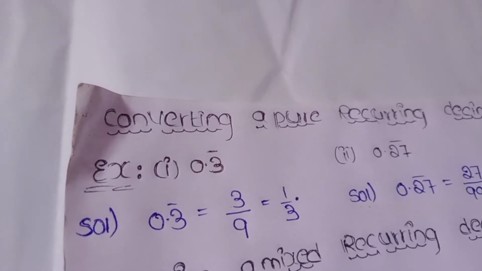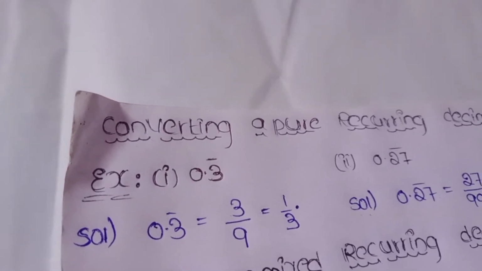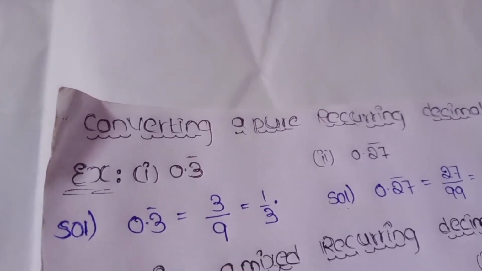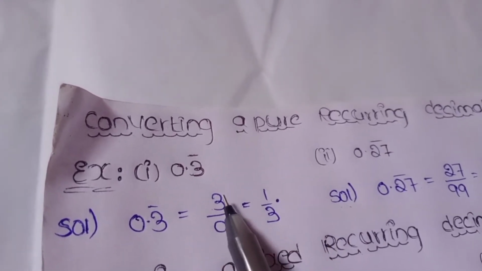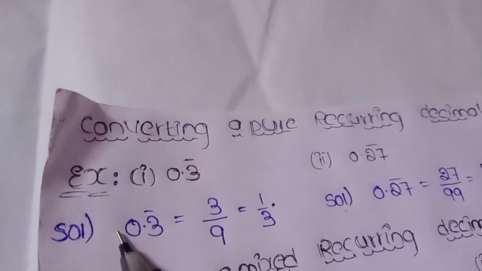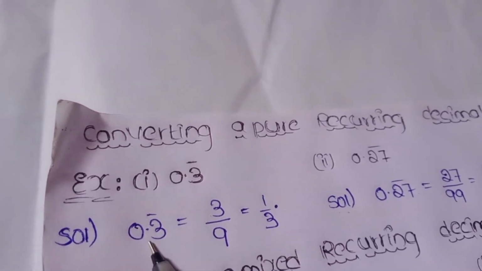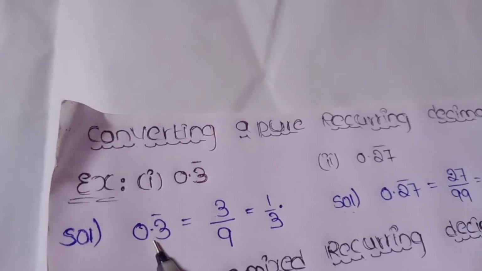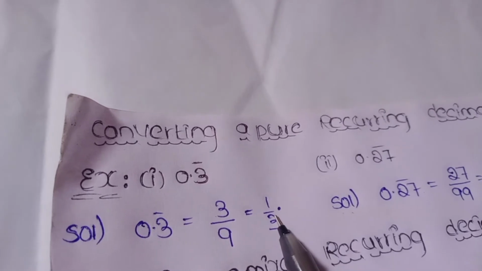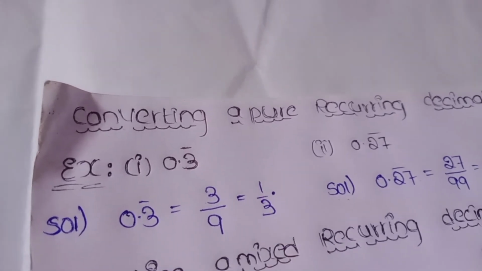So the recurring point must be denoted by 9. So in the denominator, we have to write 9. After that we do the simplification: 3 1s are 3, 3 3s are 9, so 1 by 3.